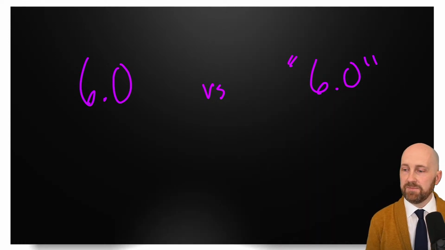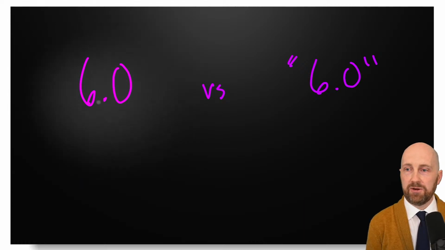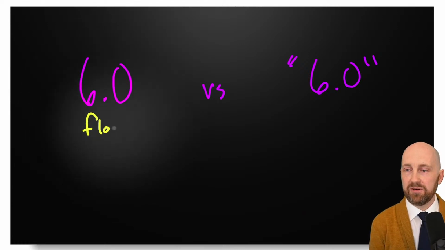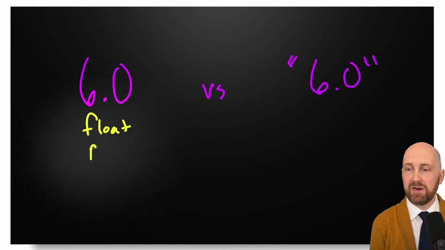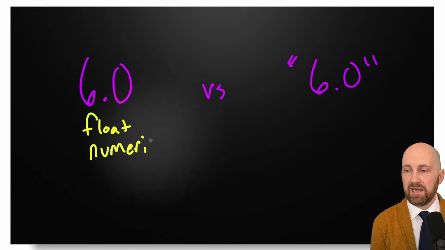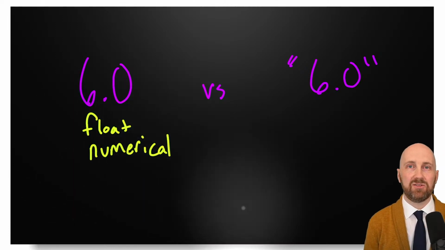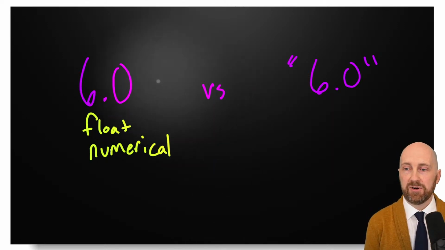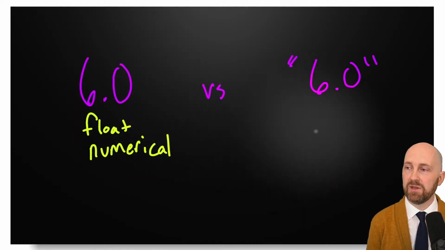The key difference is this 6.0, its type is a floating point, so it's a numerical type. And you can do the things that you would expect to be able to do with numbers with a value that's 6.0. For example, we could multiply this by 2 and get 12.0 out of it.